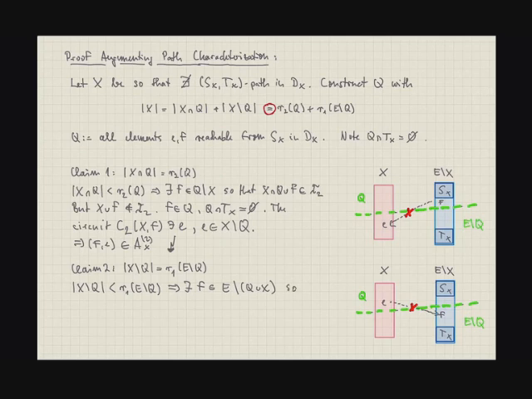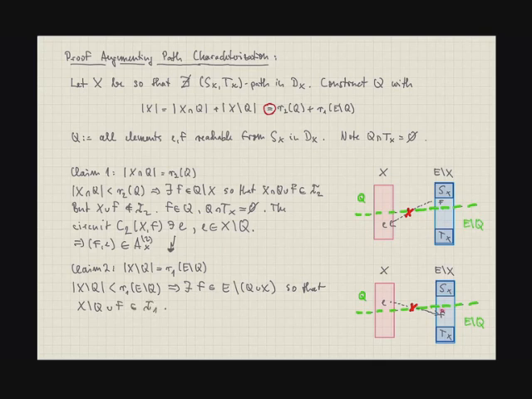Again, so that X without Q, including this edge F, is still independent with respect to the first matroid.